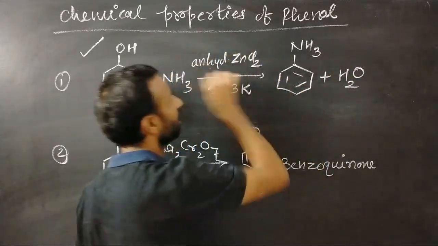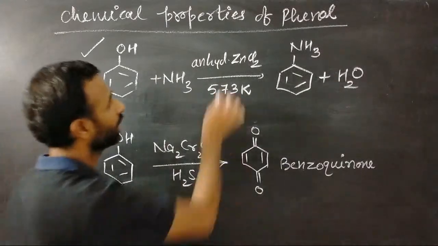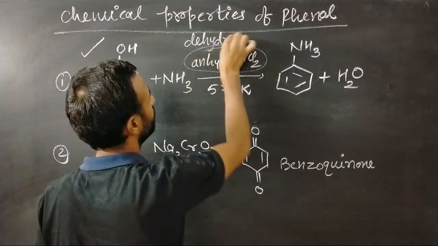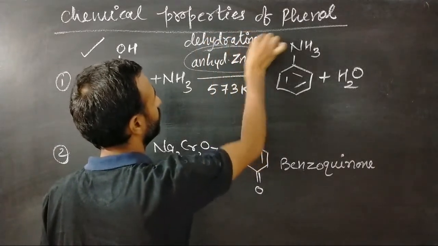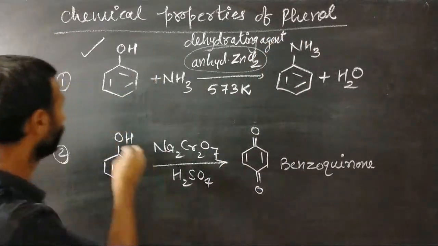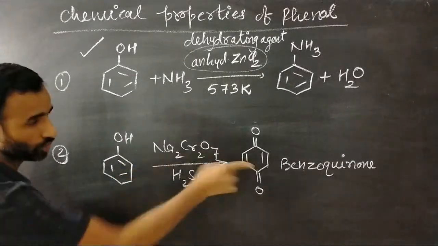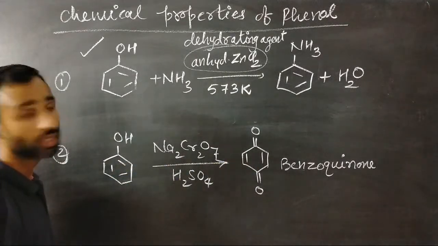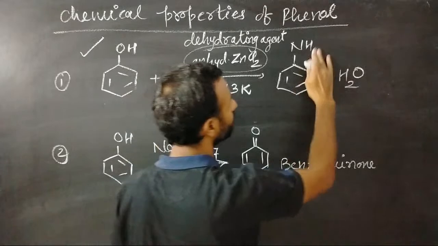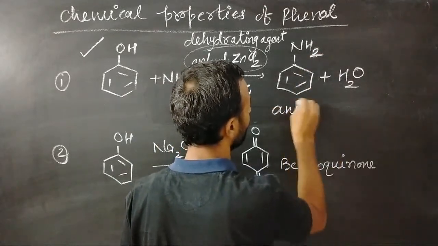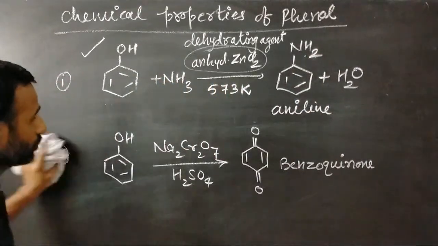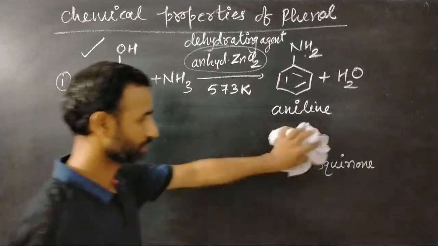This anhydrous zinc chloride acts as a dehydrating agent in this reaction. So we can convert phenol into benzoquinone, into benzene, or into aniline, it should be NH2, by using these reagents.